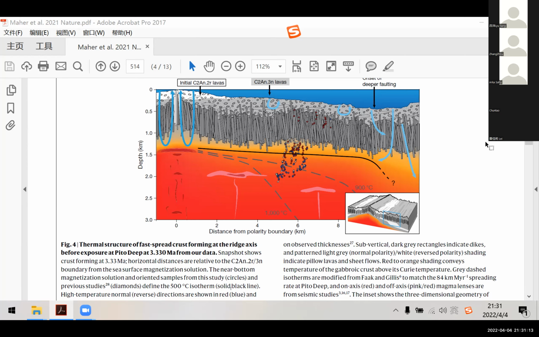Because some parts of the dikes, I would say the gabbros, cooled much more slowly, and that allows fluids or hydrothermal activity, whatever, to extend below 500 degrees C. To me that looks like it's also going to affect the crust thickness to a certain extent.